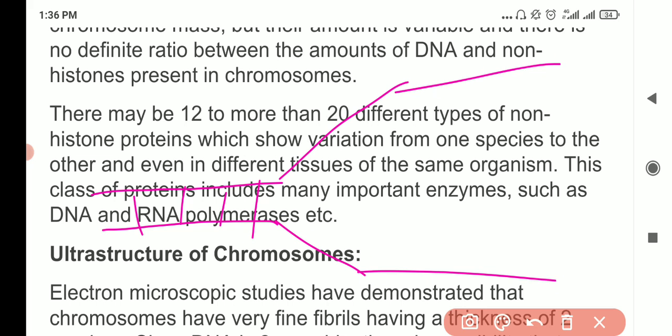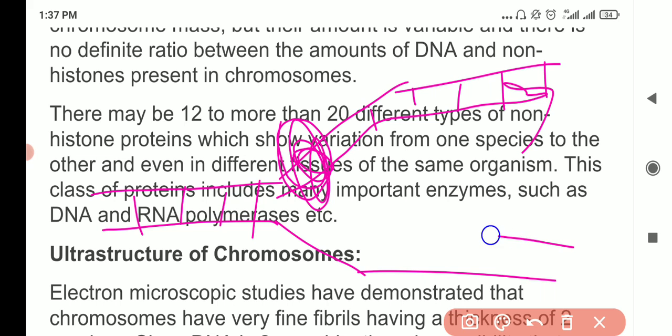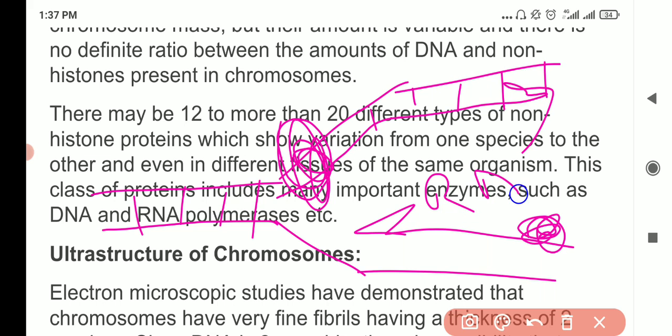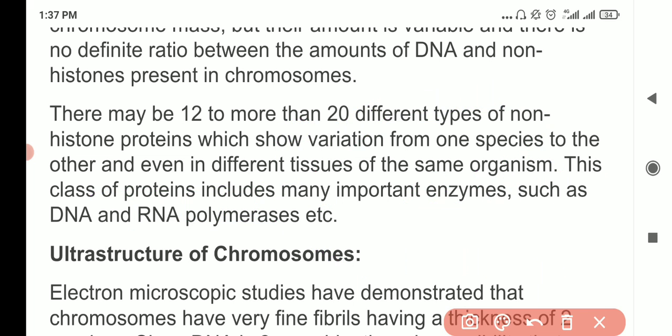This DNA polymerase will bind here and move and keep on replicating. Or if we want to make RNA, that very RNA polymerase which creates the RNA, this enzyme is your non-histone protein.